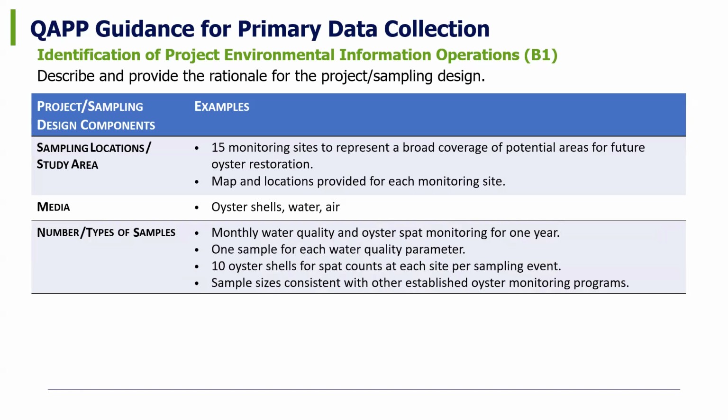They're going to be doing monthly water quality and oyster spat monitoring for 1 year. They'll take one sample at each site for each of the water quality parameters, and collect 10 oyster shells for spat counts at each site. Their sample sizes are consistent with other established oyster monitoring programs.